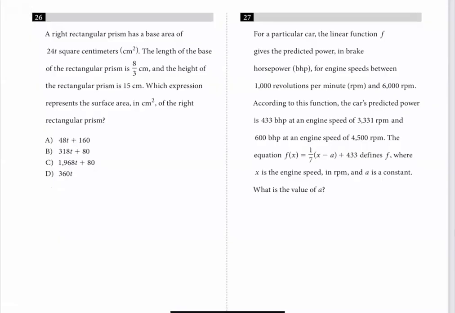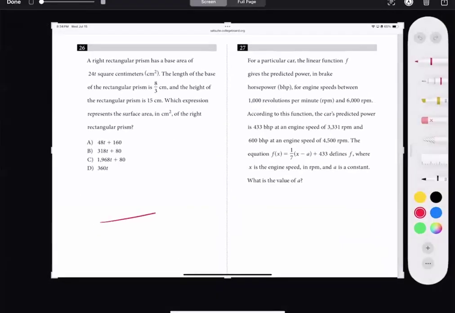Wait, if it says the length of the base, does that mean that both sides are equal? Right rectangular prism. Well, if you have a right rectangular prism, the parallel sides have the same area.